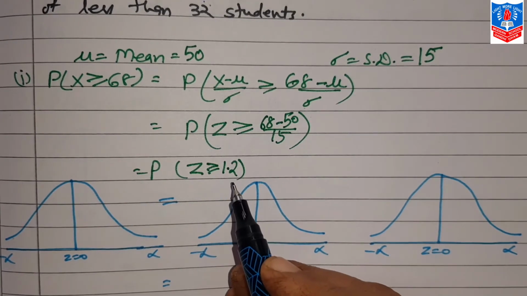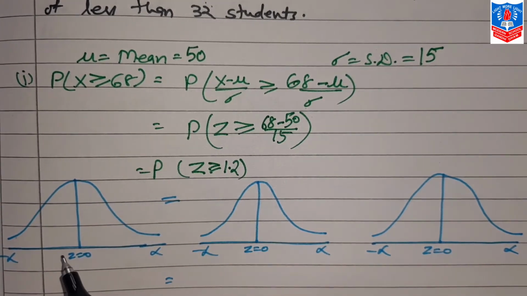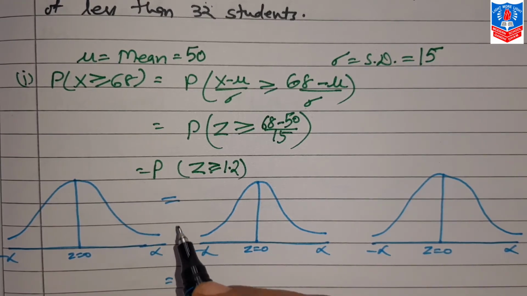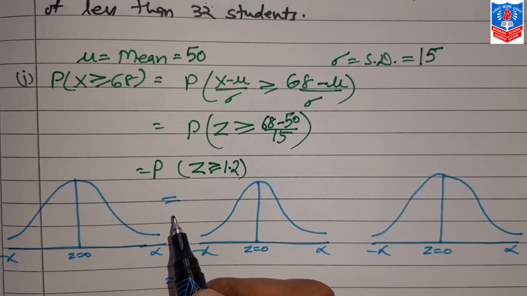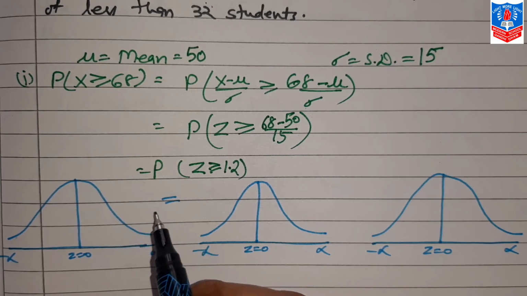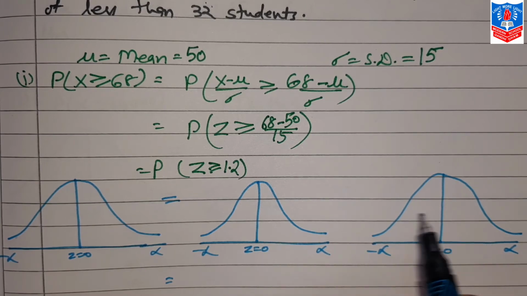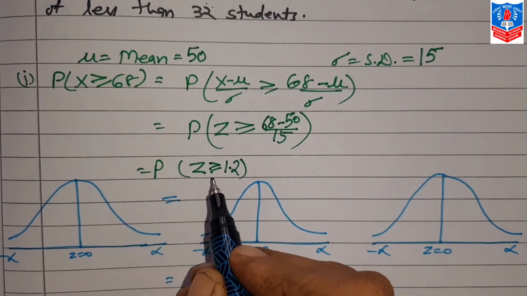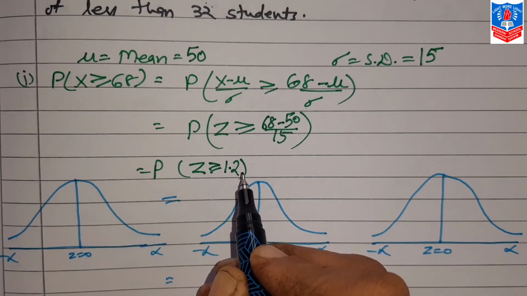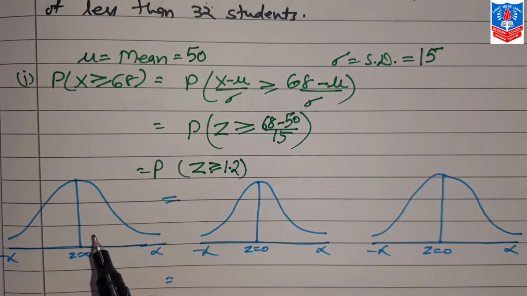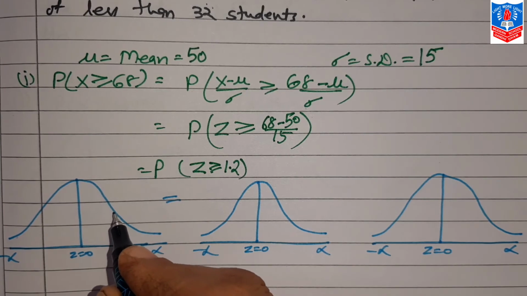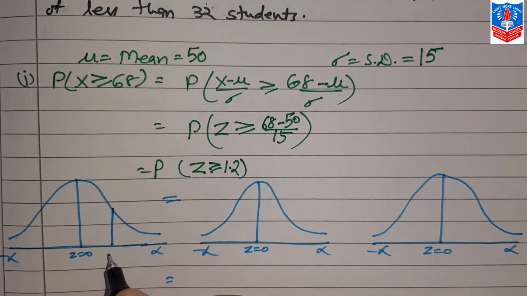Now how do we find this area? Here I have already drawn 3 diagrams. You know very well how it is to be done, because the final diagram will be before the equal to sign, and here addition or subtraction will be. Now first, Z is greater than or equal to 1.2. 1.2 will be on the right hand side because it is a positive value. So here this is 1.2.